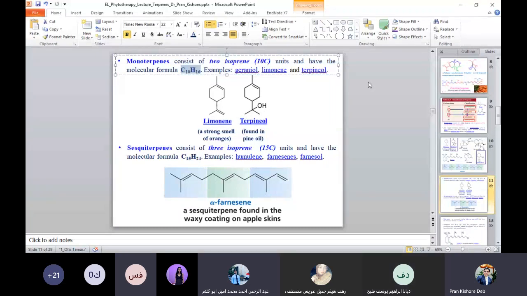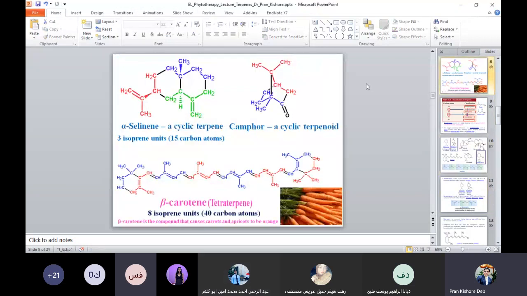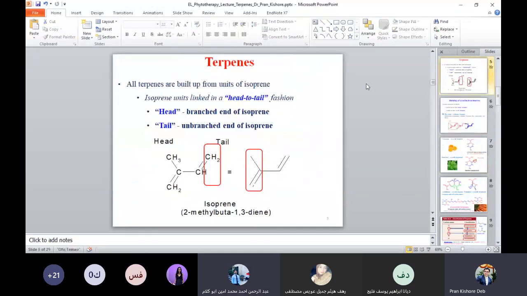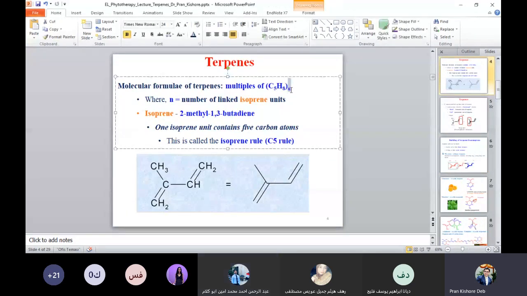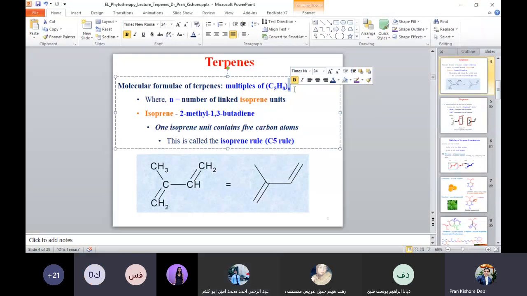So monoterpene means C10H16. Somebody asked me a question here. The N means what? In the case of monoterpene, how many N will you see? 2N. In the case of diterpene, how many N? 4N.